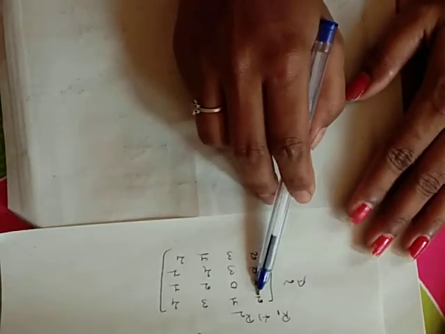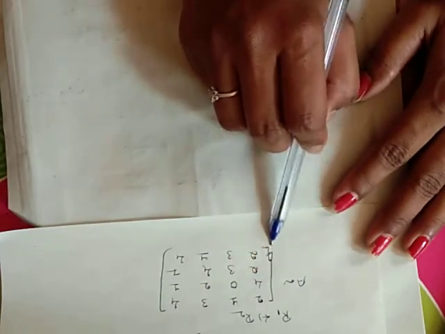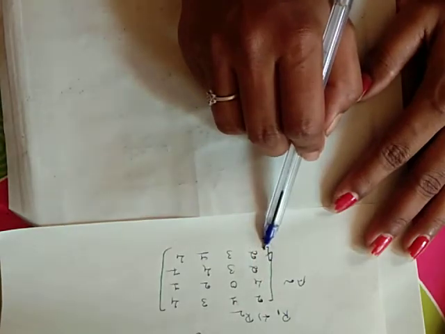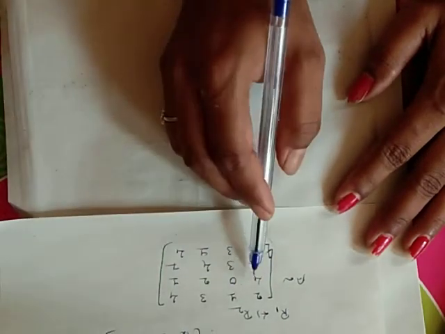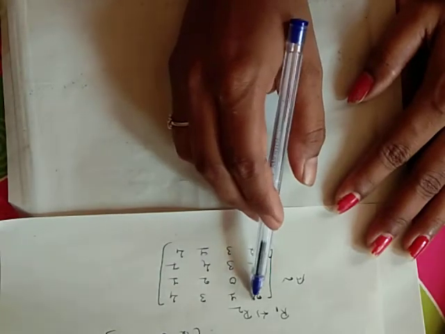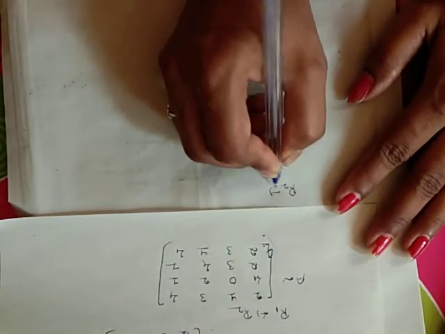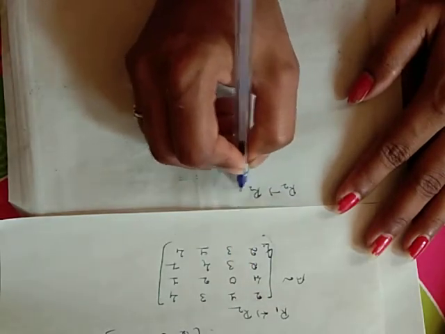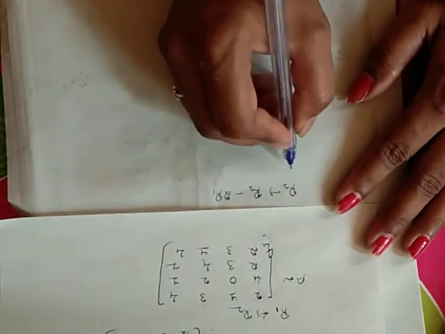Now, using this leading term, I am trying to convert the elements below it in that column to 0 using transformations. Here it is 4. To convert this term to 0, you have to convert the 2 also to 4. So the transformation of the second row is R2 tends to R2 minus 2 into R1.